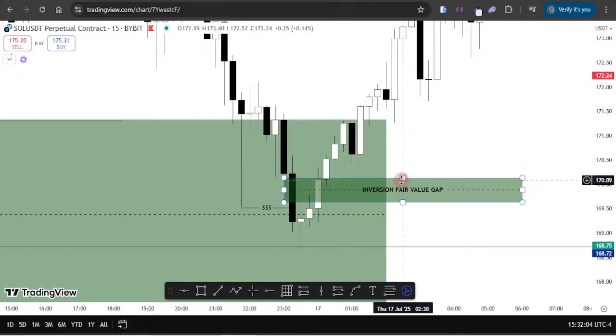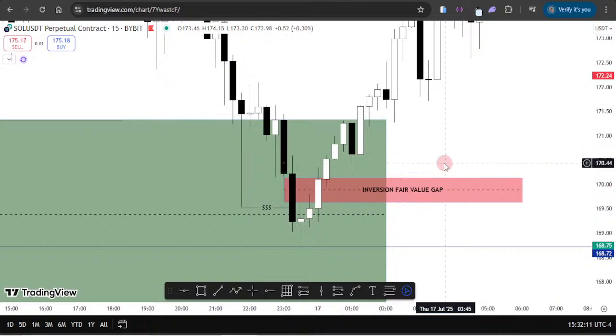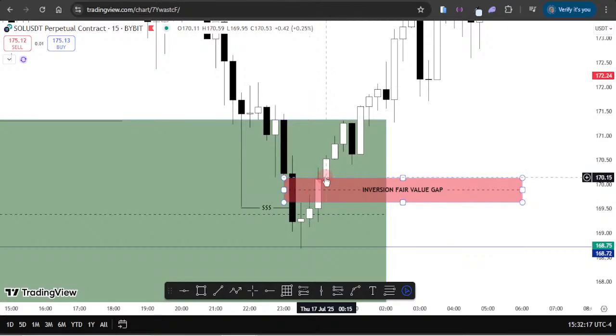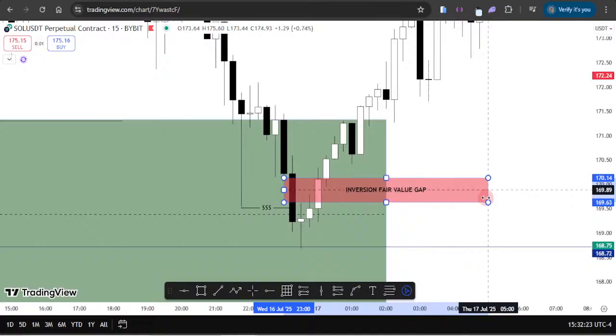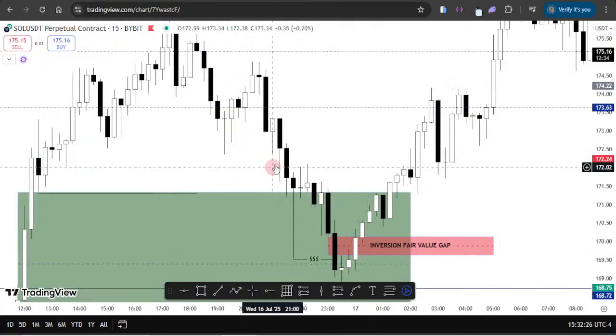Can I at least change the color of this stuff? Okay, looks better now. So invalidated fair value gap with the close of this candle, which made this fair value gap an inversion fair value gap. Smart money started to deliver price to the upside.